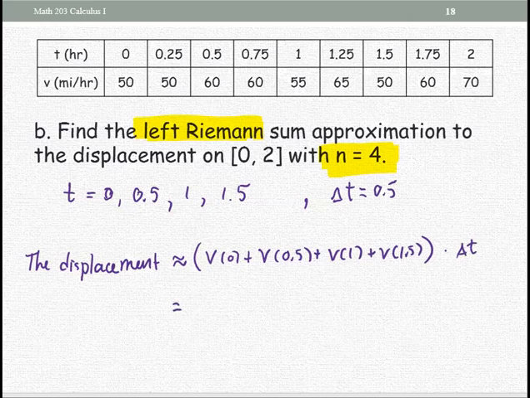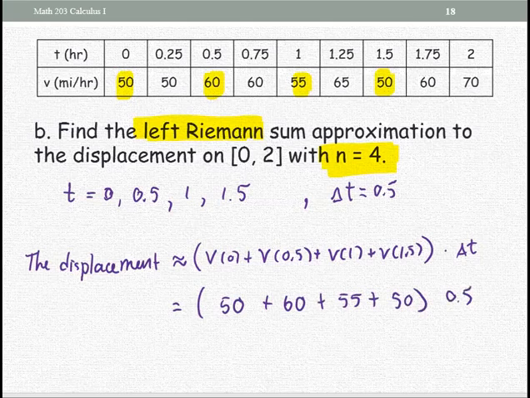And then from the table, at 0 we take the value 50, and the next 60, 55, 50. So the sum of 50, 60, 55, 50, and then multiply by the delta t, which is 0.5. And then put it in the calculator.